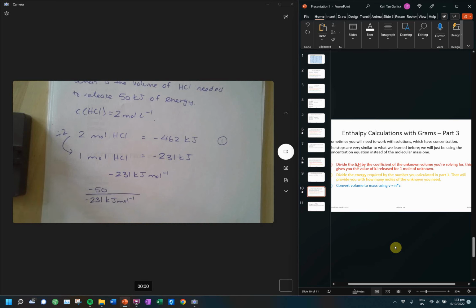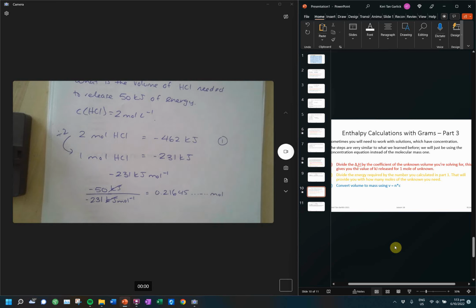It's just to show that you know what you're doing. Oh, that's kilojoules. So my kilojoules cancel out. I have per mole, so I can then get my moles. 50 divided by 231 equals 0.21645, and there's lots of numbers after it, moles. So that's how many moles I need.